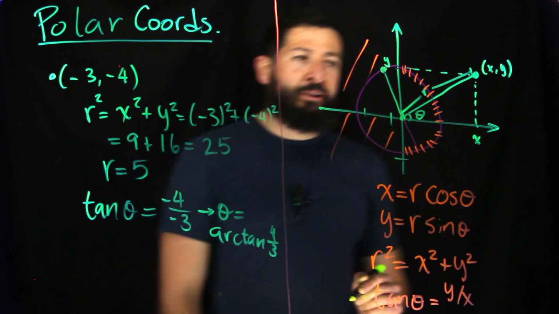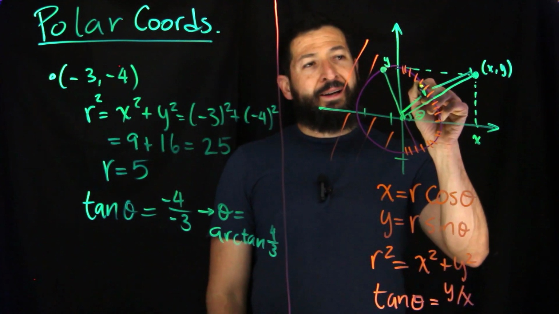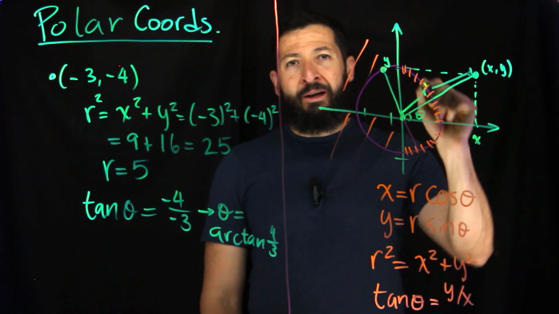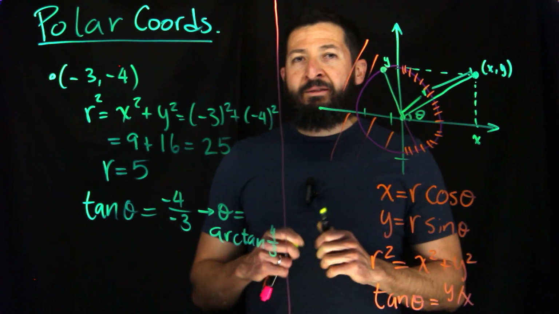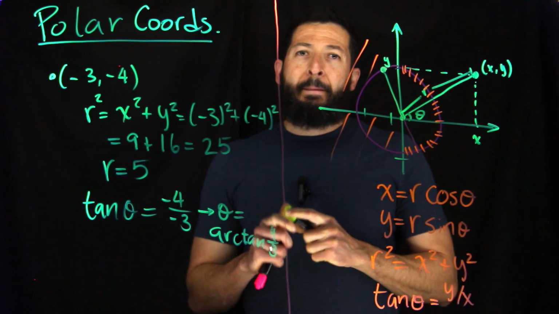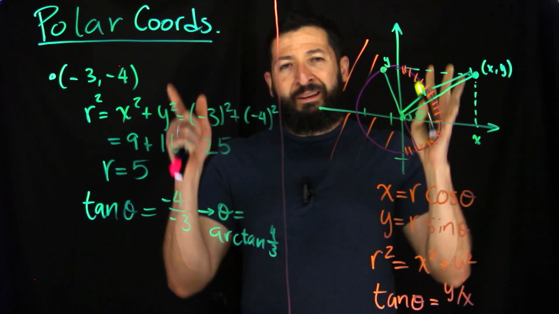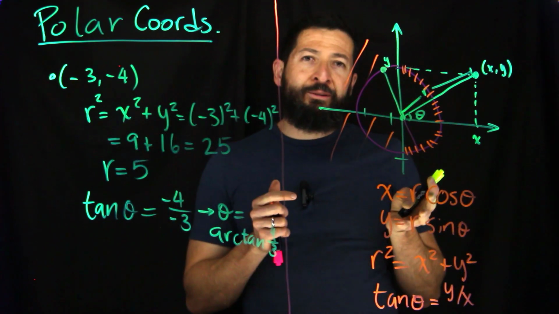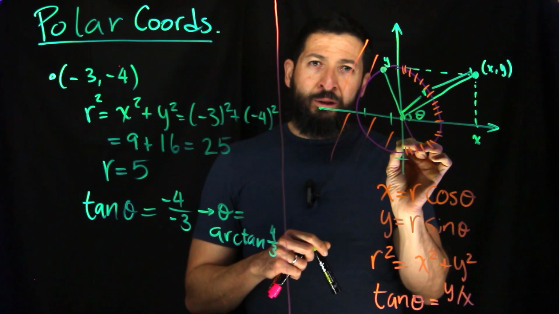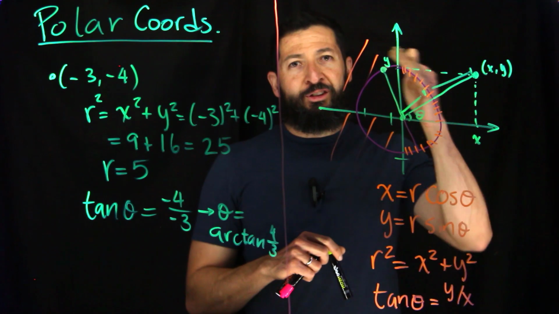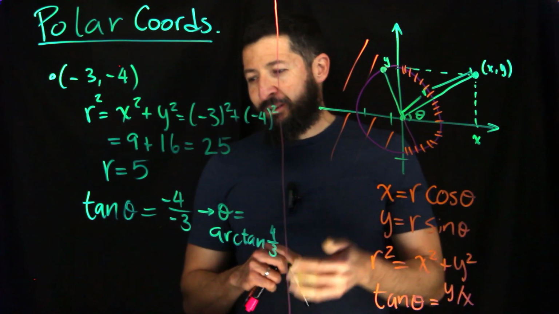Now, be very careful, because that's going to give you an angle between 0 and pi over 2. Remember, the arctangent is the inverse function of the tangent, but with the restriction of the tangent between negative pi over 2 and pi over 2, so that the function is one to one. Therefore, the inverse is well defined, and it's a function.